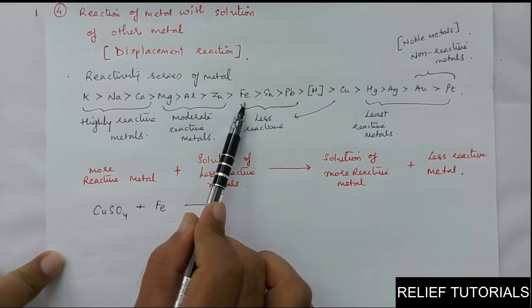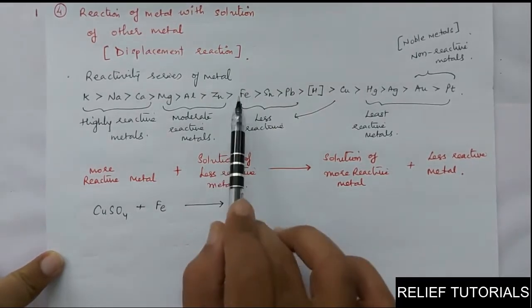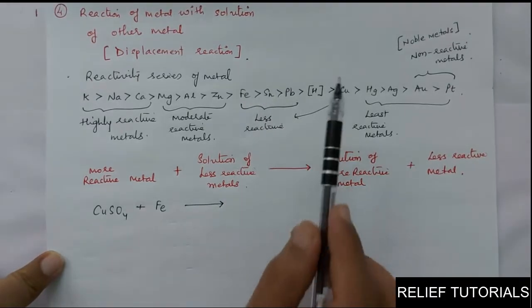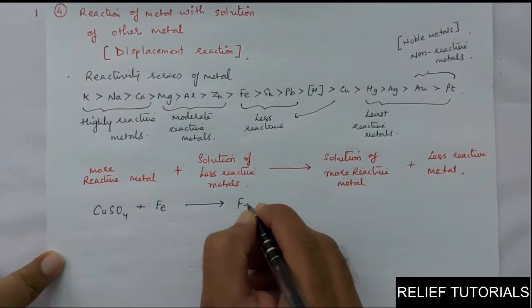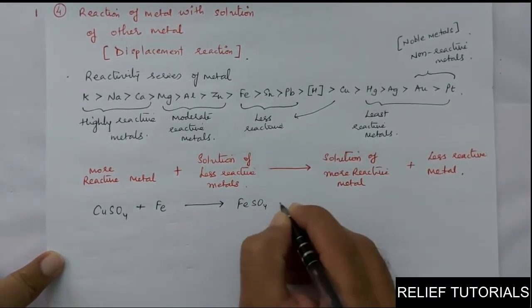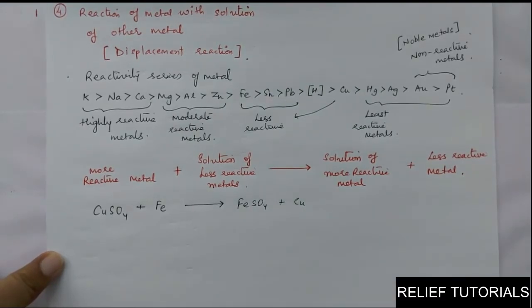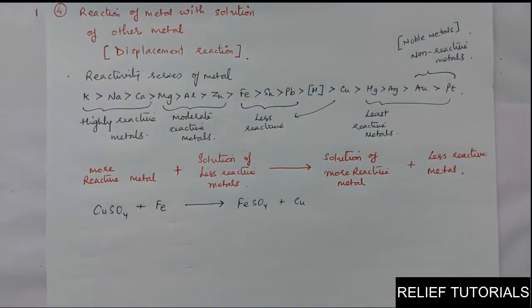In the reactivity series, it is clearly seen that Fe is more reactive than copper. The solution of Fe is formed as FeSO4 and copper liberated. These examples we have seen in chapter number 1. So for detail, you can refer chapter number 1, the topic single displacement reaction and double displacement reaction. Here we are going to take some 2 or 3 examples only.